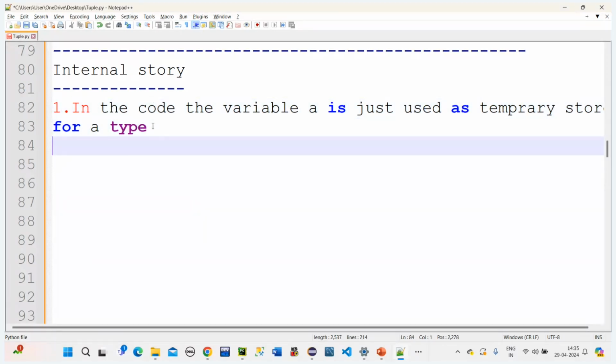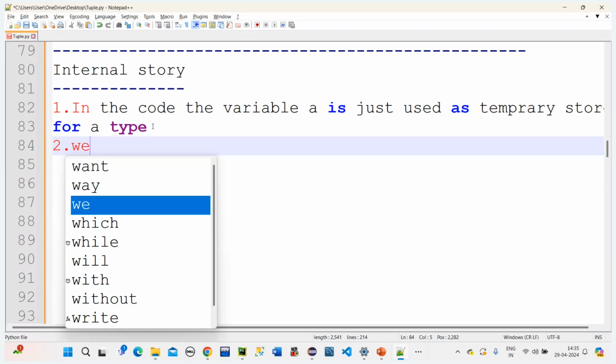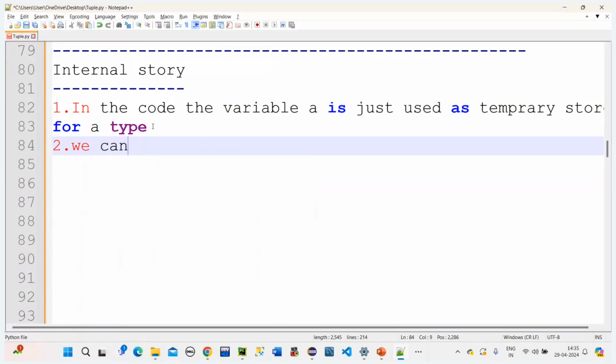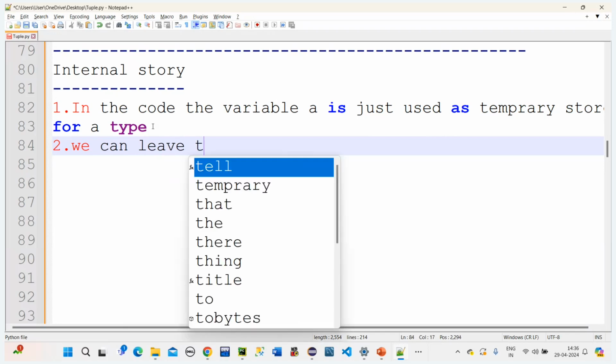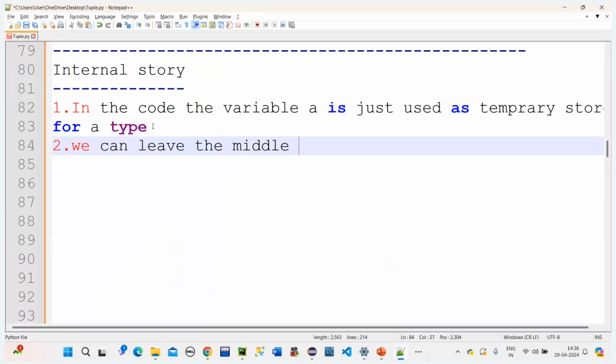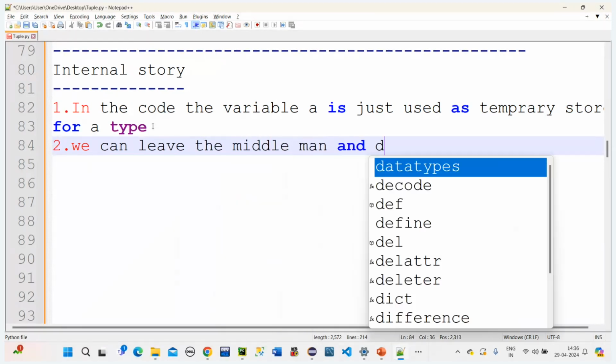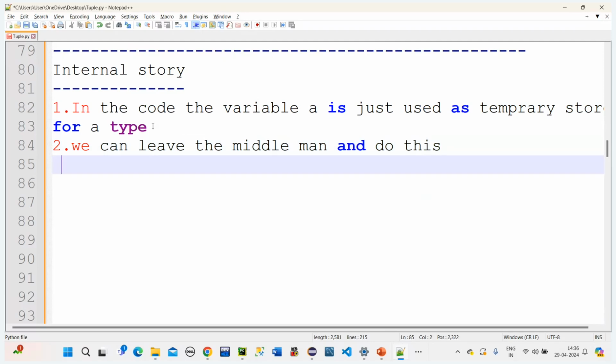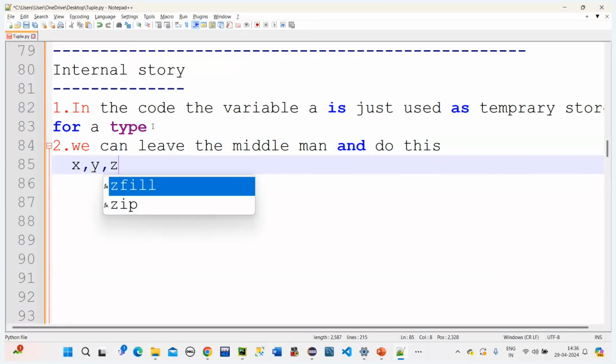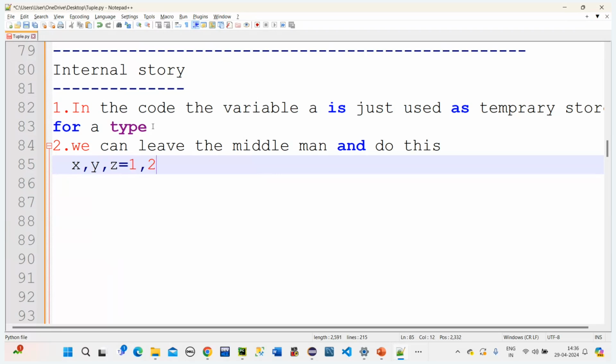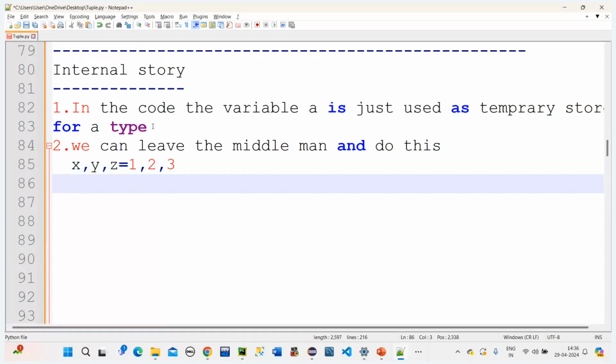The second point is, we can leave the middleman and do this. How can we do this? X comma Y comma Z is equal to 1 comma 2 comma 3. Like this also we can do, right?